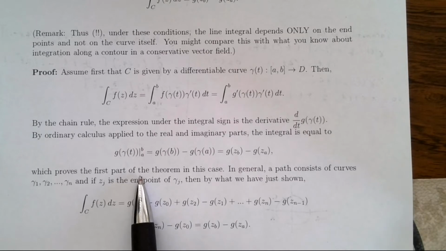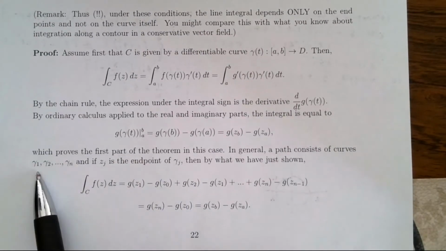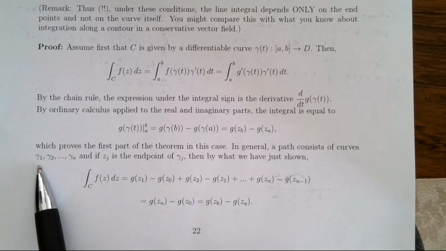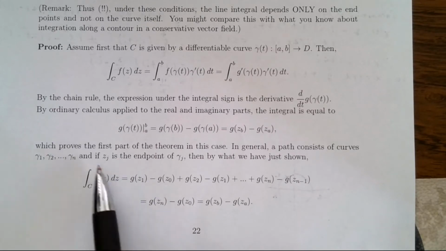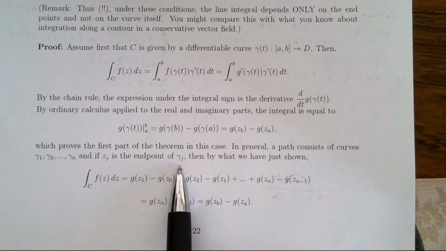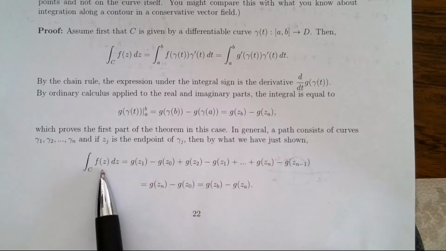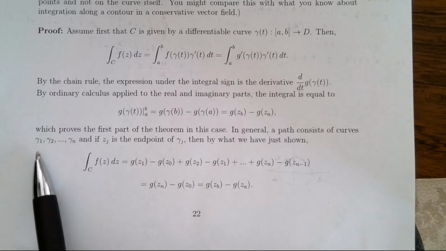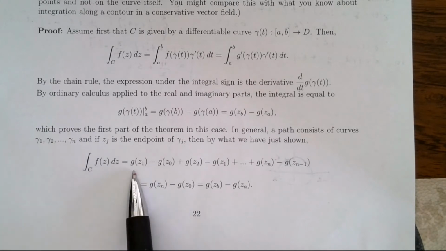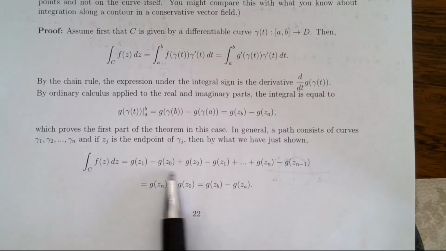In general, if the path consists of a number of curves, gamma 1 up to gamma n, where zj is the endpoint of gamma j, then by what we've just shown, we can split this up into integrating along each of these curves, and then we can just apply what we've done, put in the endpoints and subtract.